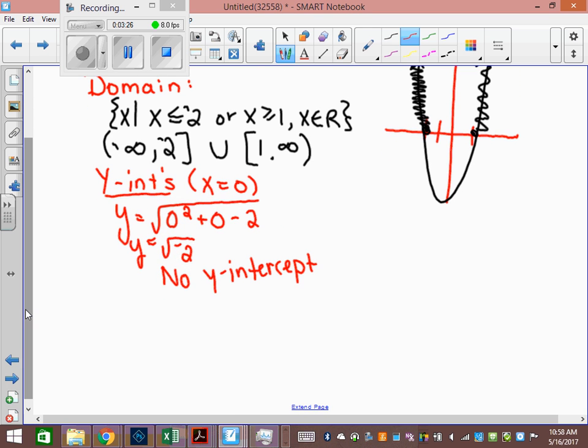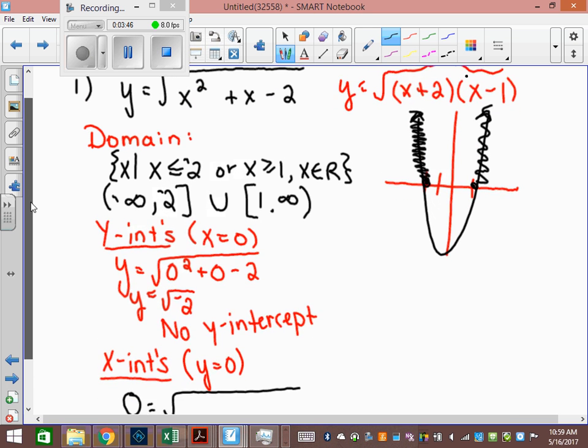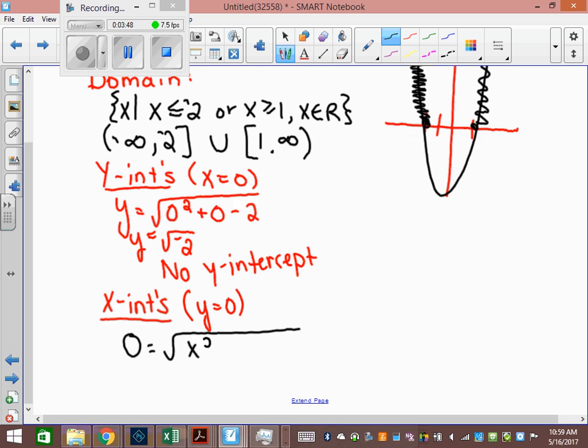What about x-intercepts? For x-intercepts, y equals 0. You're going to get 0 equals the square root of x squared plus x minus 2. What some people might realize is that's the exact same numbers we found for our domain.